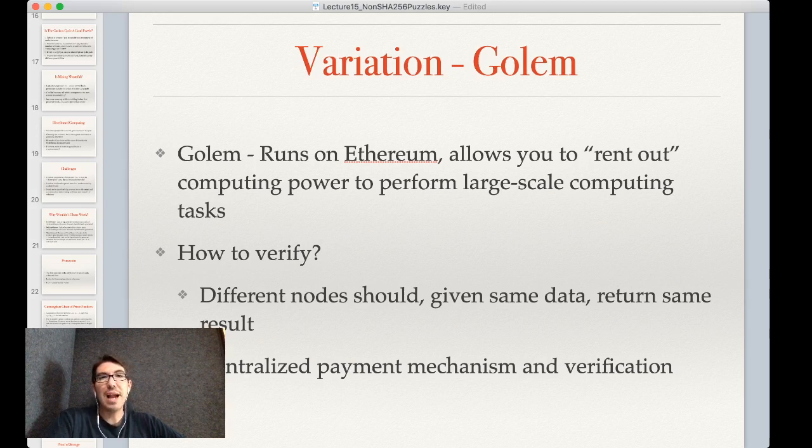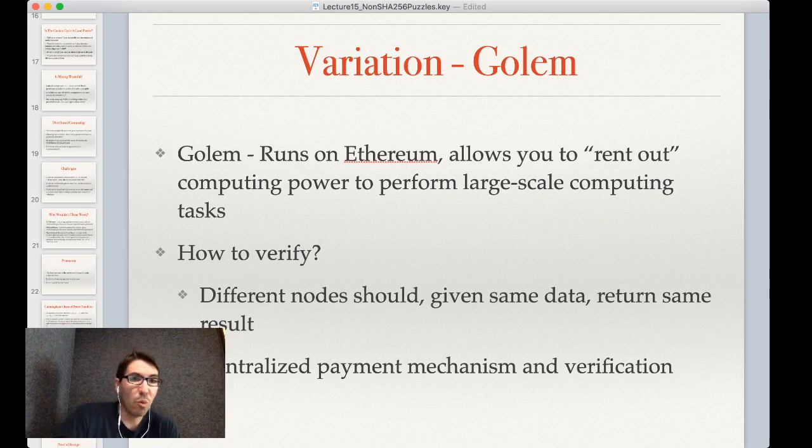The idea is you can rent out computing power of your own computer and perform large-scale computing tasks. The initial task is rendering of 3D video, but in theory it can be used for other large-scale distributed computing tasks as well.